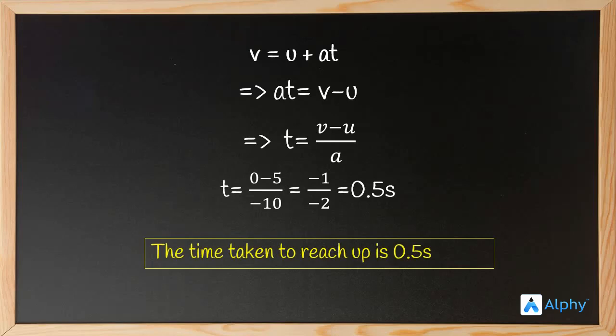Now let's go to our good old 2as equals v square minus u square. That is the velocity position relation. Here also I will manipulate the equation in such a way that I have all my known quantities on the right hand side and the unknown quantity on the left hand side.